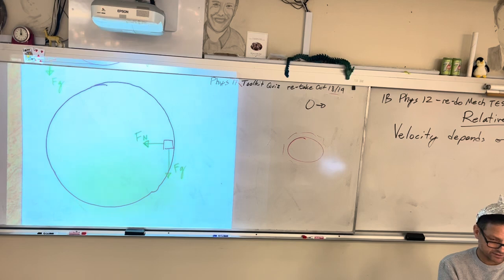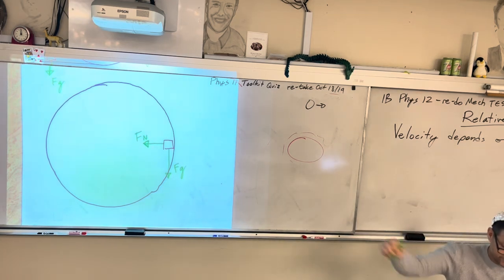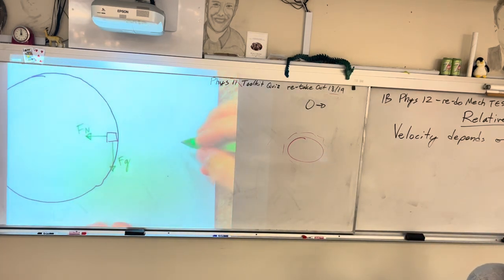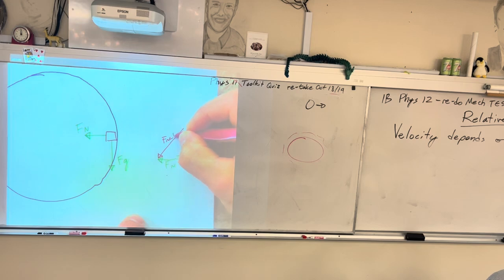No, you can't go at the constant velocity, right? So where's your acceleration? It's downward and inward, like, this is my FG, and if you add our normal force like that, you're going to end up with an acceleration like that.